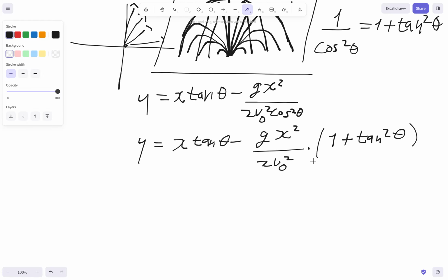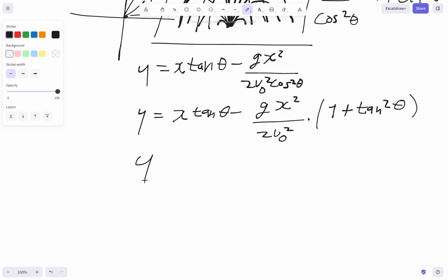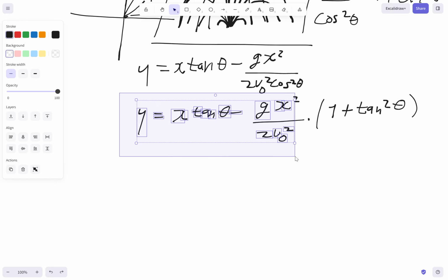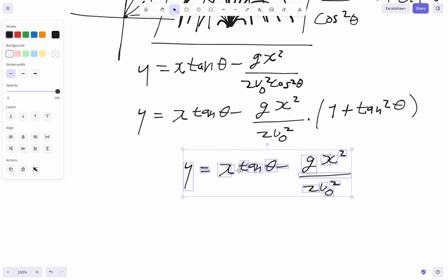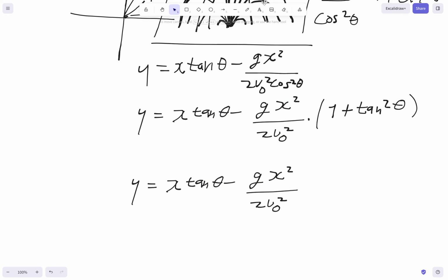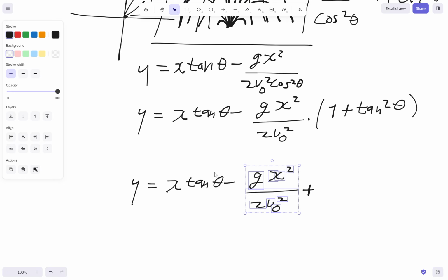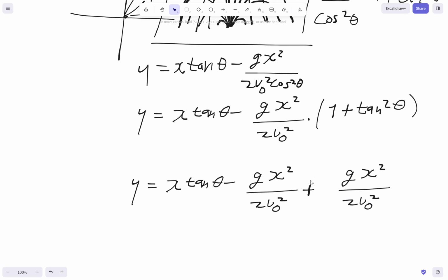Okay. So we've put this in and we're going to distribute it. I'm just going to copy and paste this part, because if you distribute the one, it's already that. Then we distribute to tan theta. I think there's a minus here.